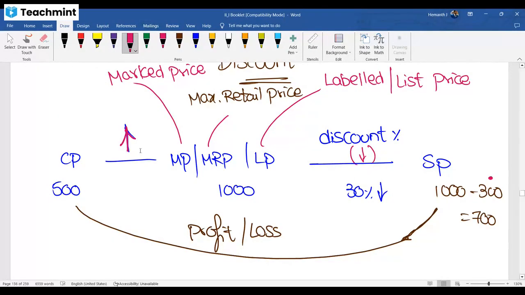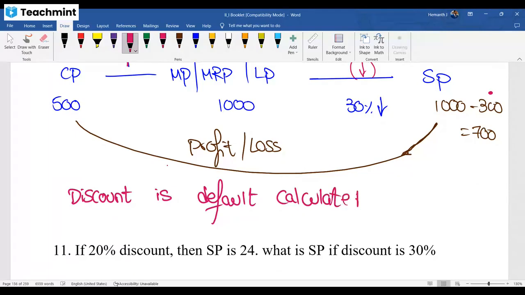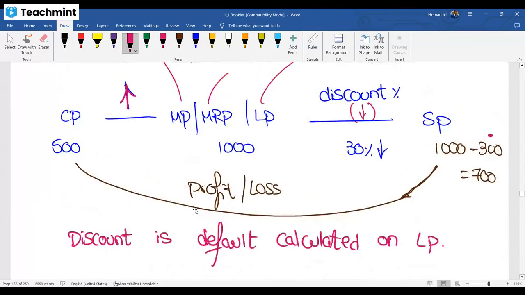Note down that point. Discount is by default calculated on label price. Don't forget that. Okay, understand? I have given you an example also. On LP, I'm writing in short. LP means labeled price or list price. We can also call it marked price, no problem.